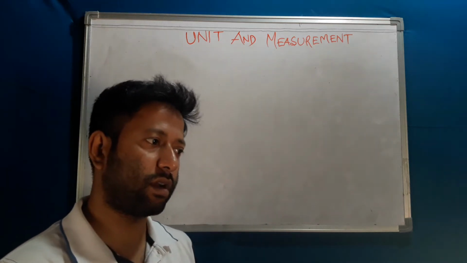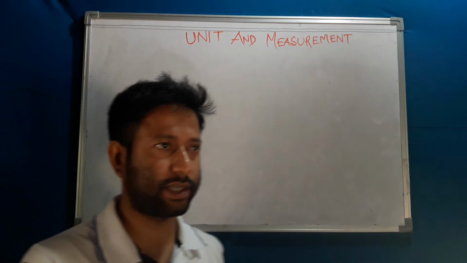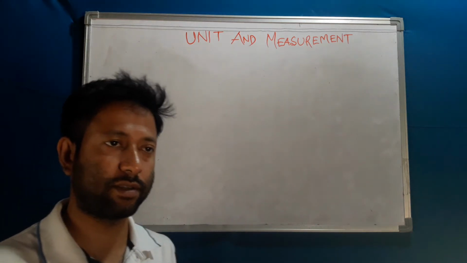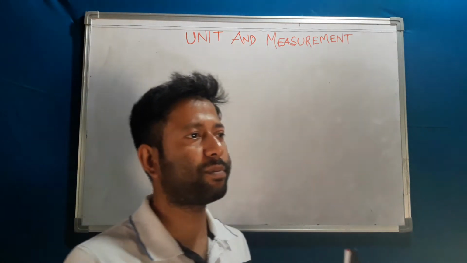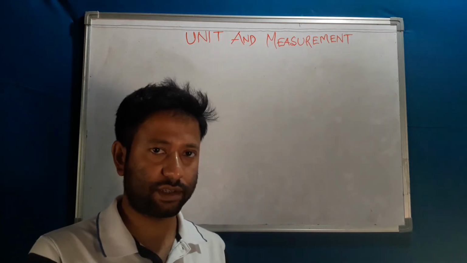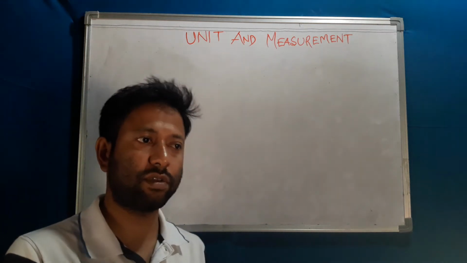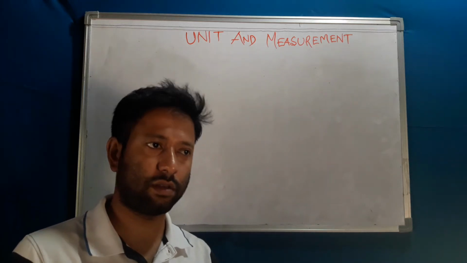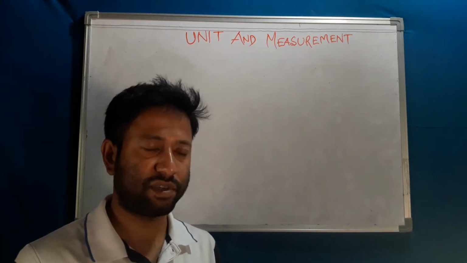He decides one unit, that is 1 kg basically, and with respect to that, how many times the other objects I want to purchase. That means for measuring any quantity, I have to first decide a unit, and with respect to this unit, how many times the other quantity is, that is the measurement.